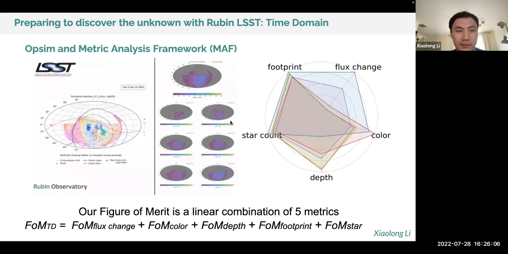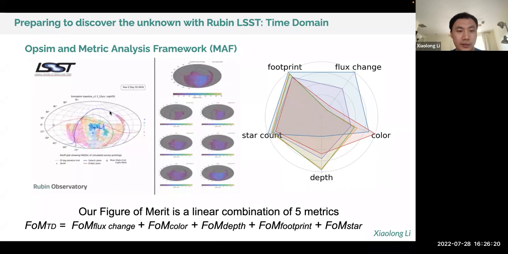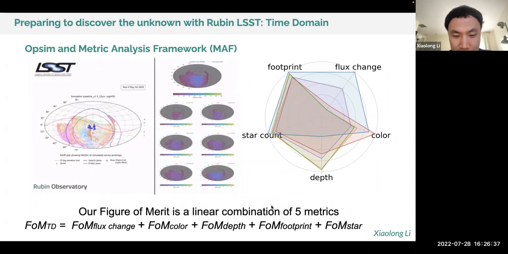The Rubin team has developed hundreds of simulations that vary parameters like the observing time, and so on. They also developed the metric analysis framework to evaluate the performance for each science case. Under this framework, our figure of merit is a linear combination of 5 metrics: the change of the brightness, color, depth, footprint, and the star density.